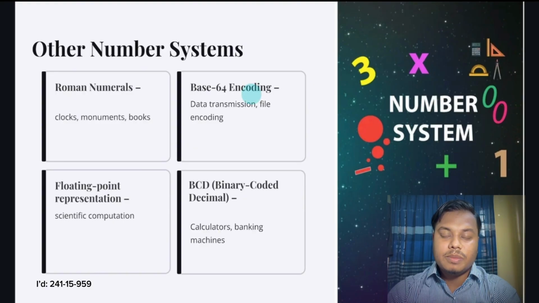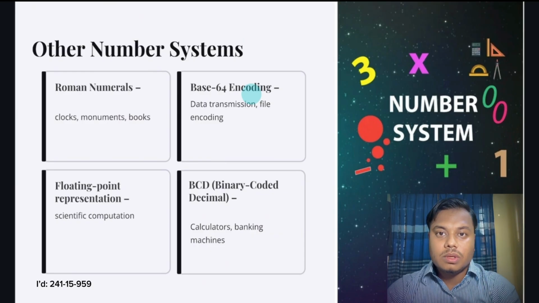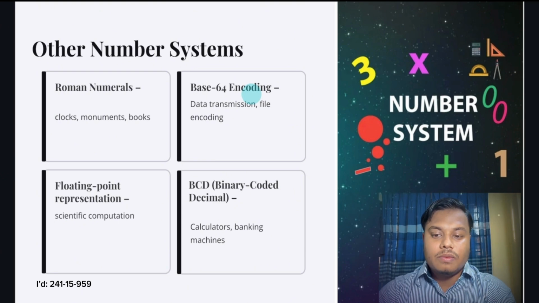Apart from those main systems, there are a few special purpose ones. Roman numerals, which we still see on clocks and monuments. Base64 encoding, used for transmitting data safely online. Floating point representation, which lets computers handle very large or very small scientific numbers.